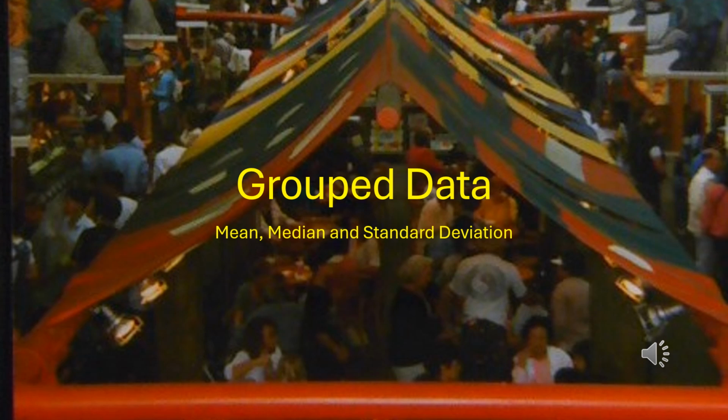A lot of times you actually have a full sample or population set of data, but sometimes you're given data grouped in categories and you don't want to just stop and say, I can't find the mean or the median. Instead, you can get decent estimates using the methods that we presented in this video.